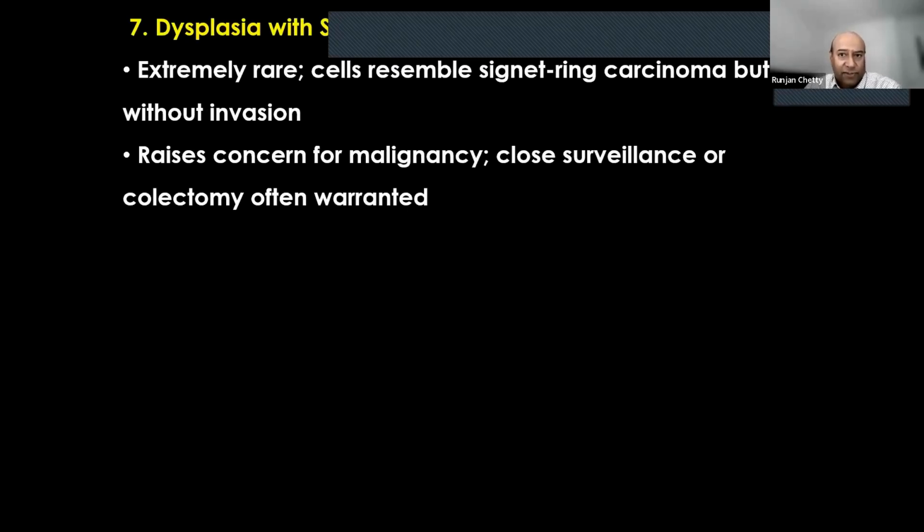Also be sure before you call this particular variant. I've seen a couple of cases of this. If you see dysplasia with signet ring features, alert the clinician to the possibility of an adjacent signet ring carcinoma arising in inflammatory bowel disease.